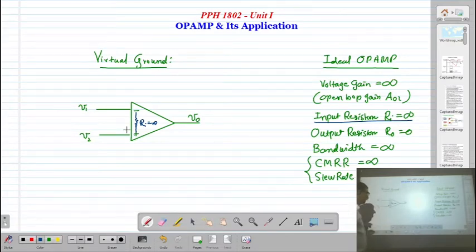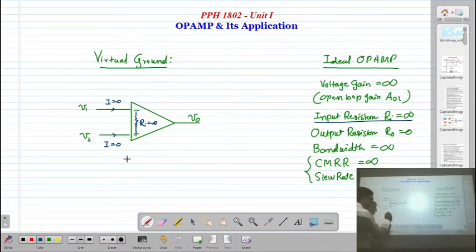In other words, the current flowing into the operational amplifier is zero. When we apply the signal to either the inverting terminal or the non-inverting terminal, the current will not flow because the resistance between them is infinite. So you should understand that there will not be any flow of current in an operational amplifier. That's why here it is represented as zero.